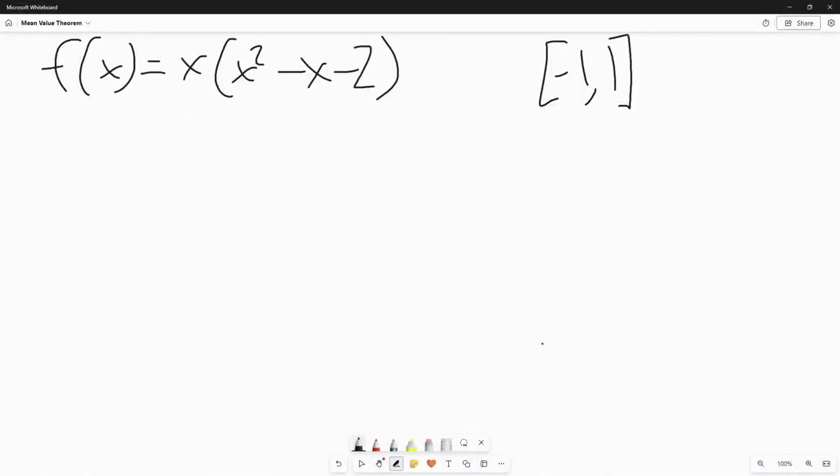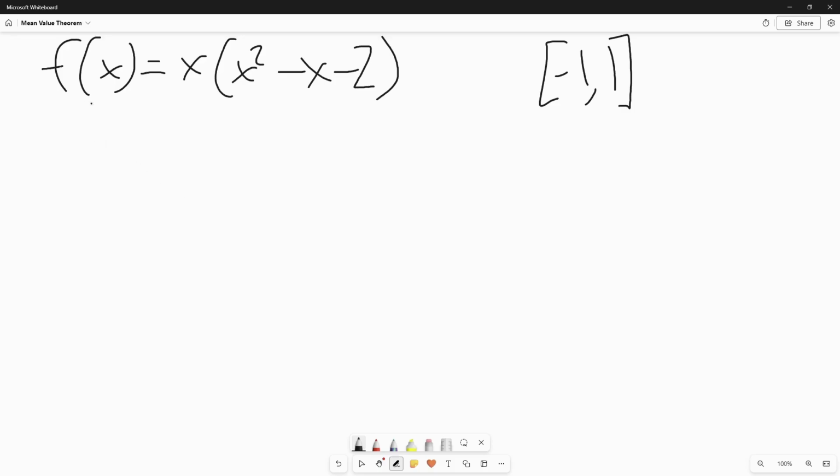So if that explanation was a little bit confusing or choppy, I think doing a problem will just solidify it in your brain. Here we have a function f of x equal to x times x squared minus x minus 2 over the interval -1, 1, and using the mean value theorem, we can find all the values of x in this interval that have the same slope as a secant line that touches these two x values.